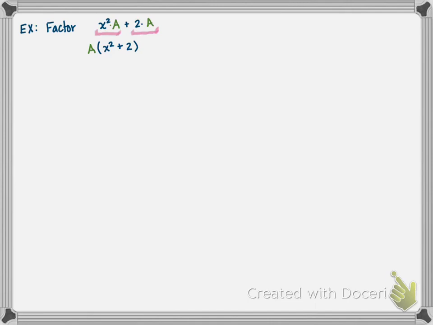But the thing is that in math, we can express numbers in lots of different ways. Like x plus 5 is just a number, right? It just happens to be 5 more than whatever number x is. And so numbers that we factor out aren't always going to look like single numbers, right? So we could do this same exact problem and say x squared times x plus 5 plus 2 times x plus 5.